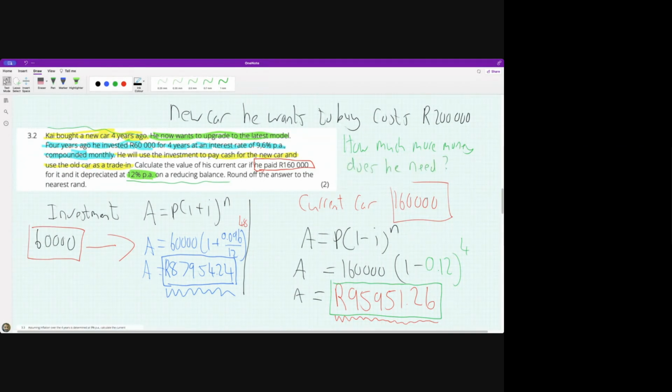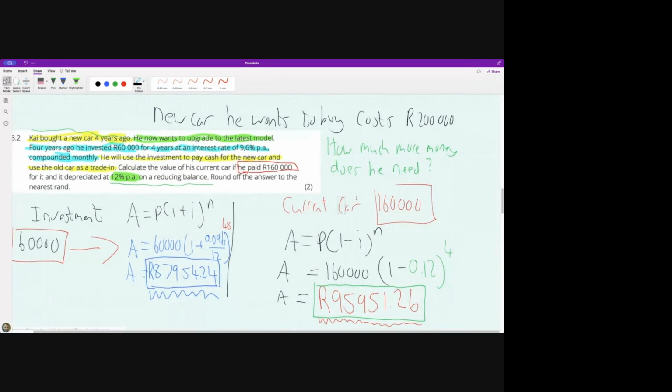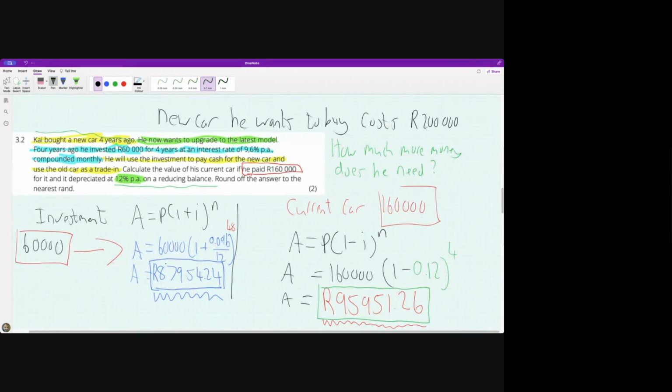So this is me making up a question on the spot, but it's a lovely question. It's often how things will go. They say, look, you've got some cash, you've got the value of the car that you trade in. Can you afford the new car, which costs 200,000, or how much more do you need to save?